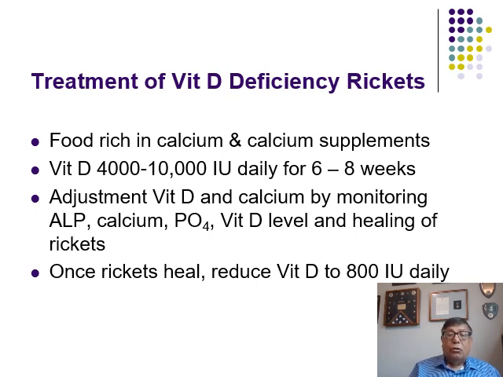However, there are other groups who give intramuscular vitamin D, a big dose like 50,000 units, and that's another approach, but I personally prefer oral administration. Then they should be followed carefully, and don't overdo it. Once the rickets is healed, reduce the dose of vitamin D to an appropriate level.